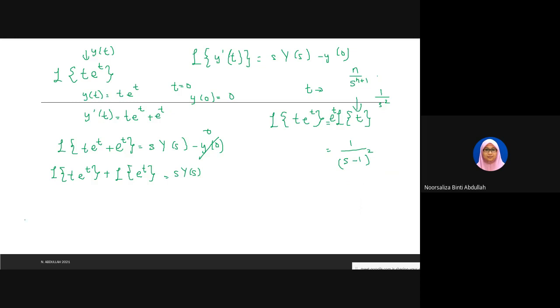So this one will be 1 over (s minus 1) squared plus Laplace for e^t. Laplace for e^t is 1 over s minus 1 equals to s Y S.